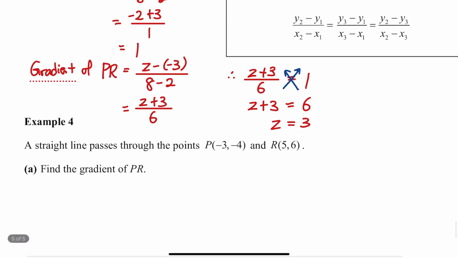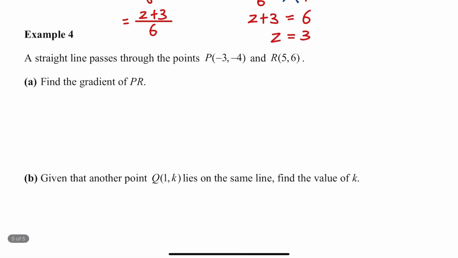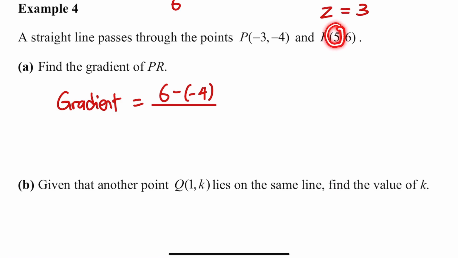Alright, let's now look at the last example for this worksheet. A line passes through these 2 points. Find the gradient of PR. You should know by now how to find the gradient of a line given 2 points. Simply use the formula y2 minus y1, which is 6 minus negative 4, the whole thing divided by x2 minus x1, which is 5 minus negative 3.